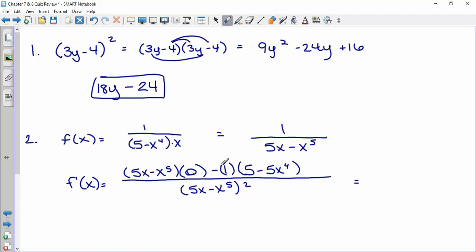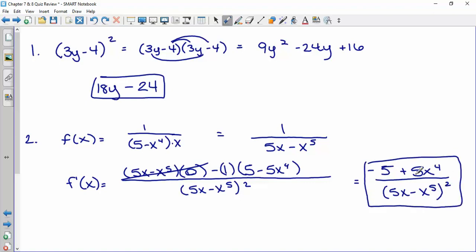Alright, 0 times anything is 0, so this whole piece is gone. If I distribute my negative 1, we get a negative 5 plus 5x to the 4th over (5x plus minus x to the 5th) squared. And that is our final answer.